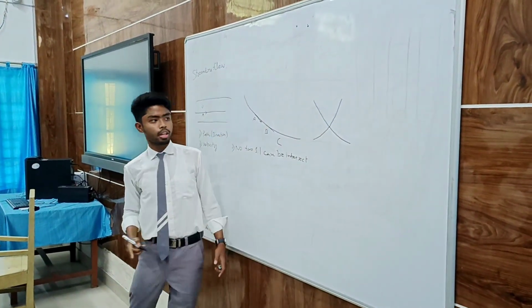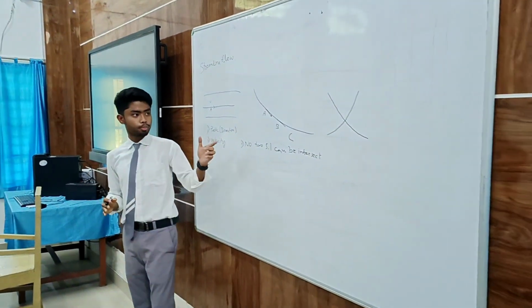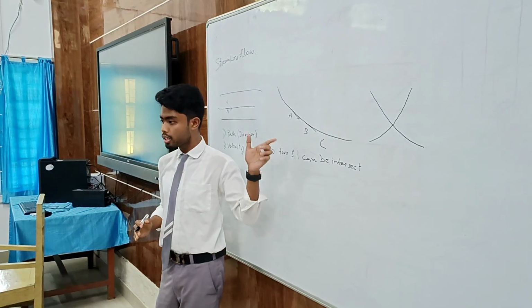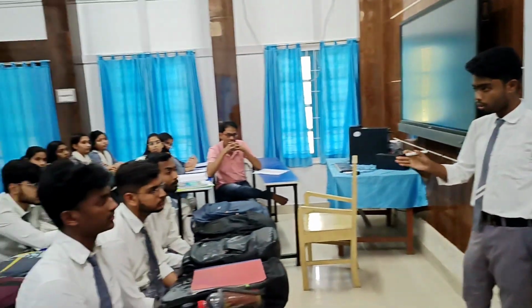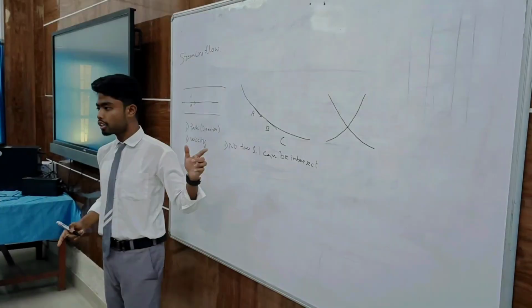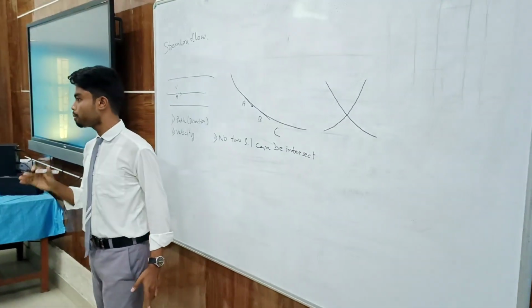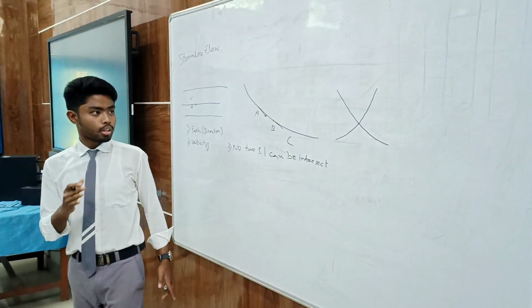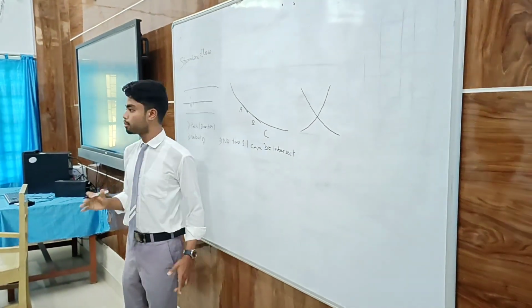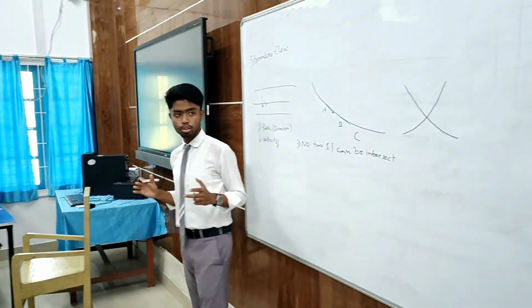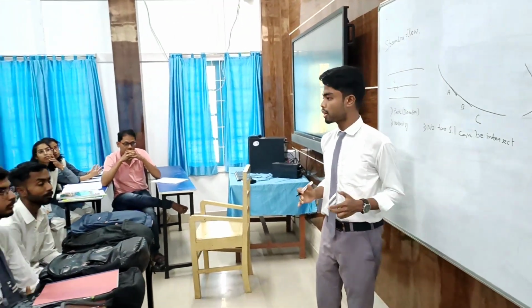According to the streamline path, we know that if we draw a tangent on a streamline path, it gives the direction of velocity. So at this point there would be two directions of velocity, which is a contradiction. That's why no two streamlines can intersect, and this is one of the most important properties of a streamline path.